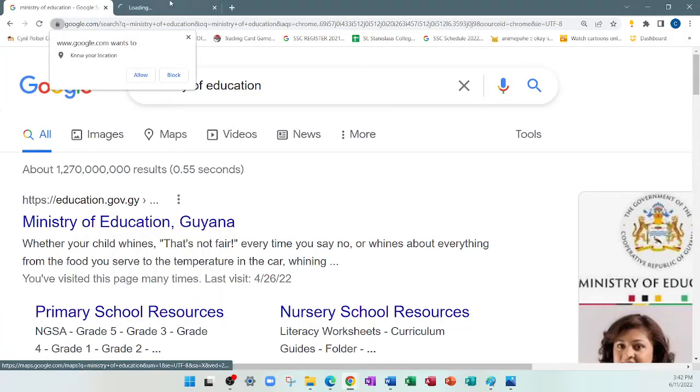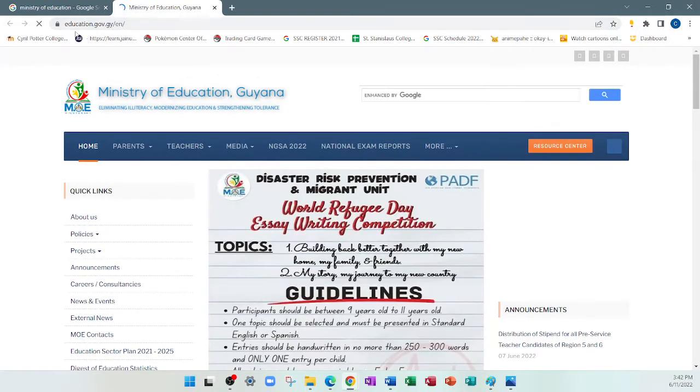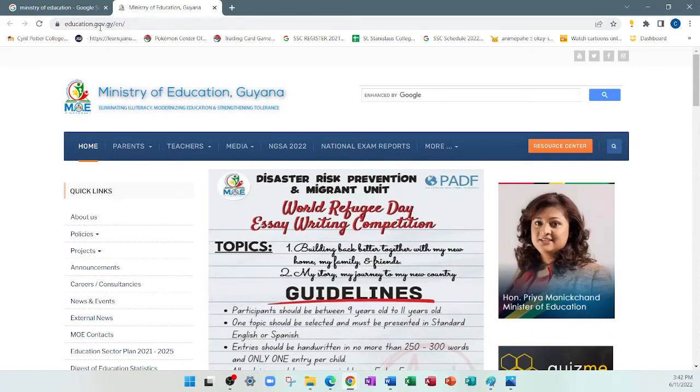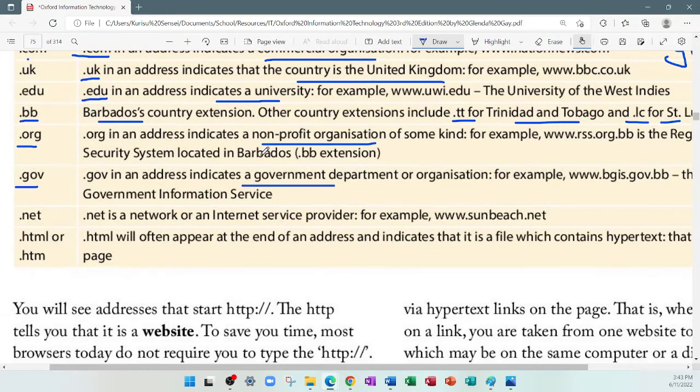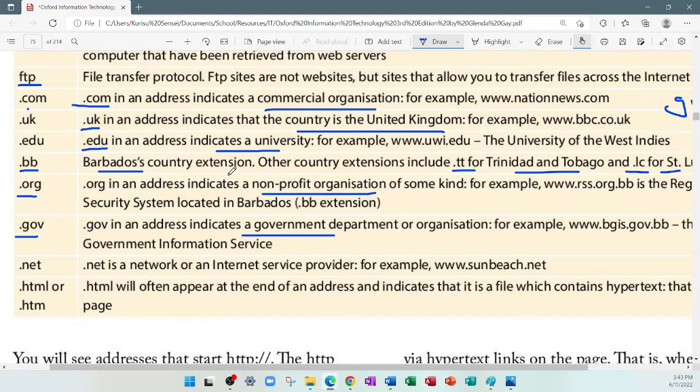If you look at their address here, it's education.gov, indicating it's a government site, and .gy indicating it's a Guyanese website. It's not that it's Guyanese based, just that it's created in Guyana, hosted in Guyana. A .net indicates a network or internet service provider.